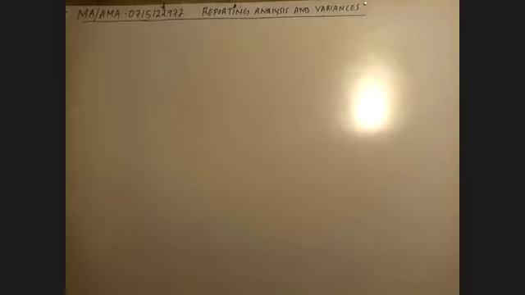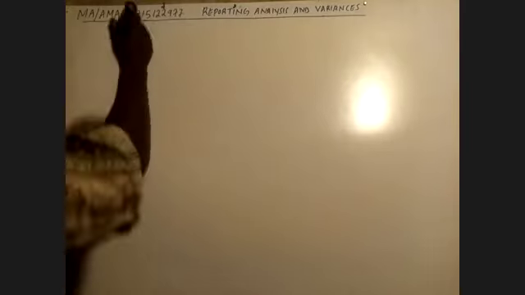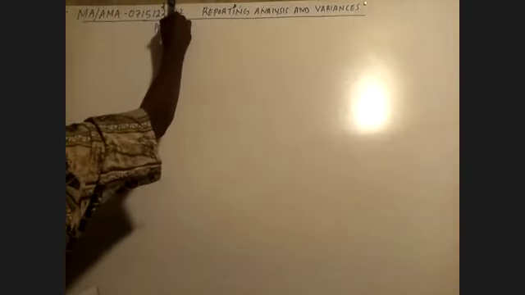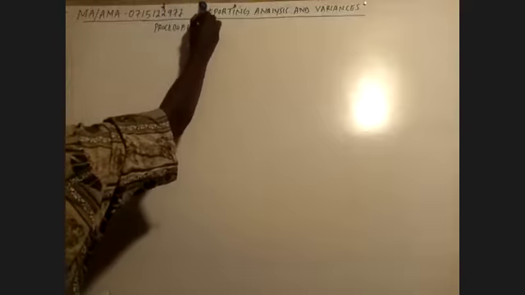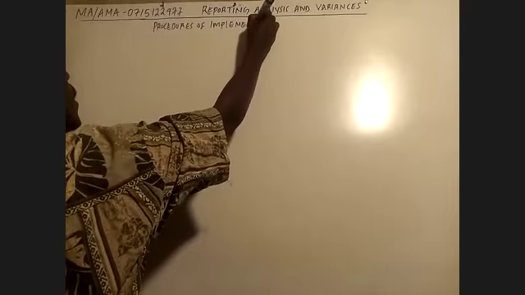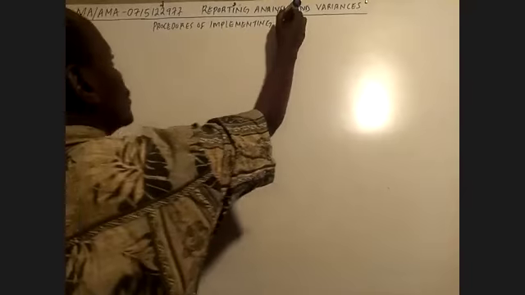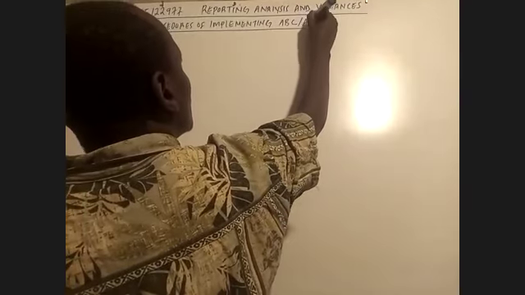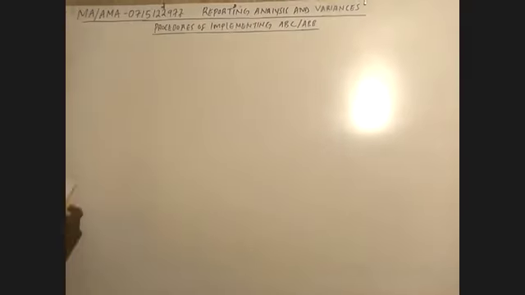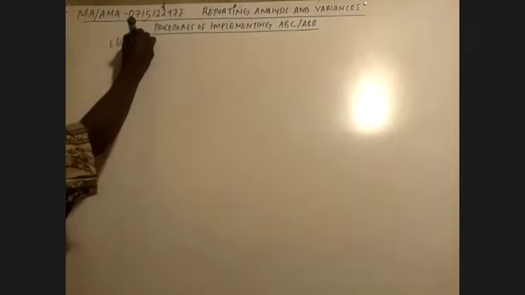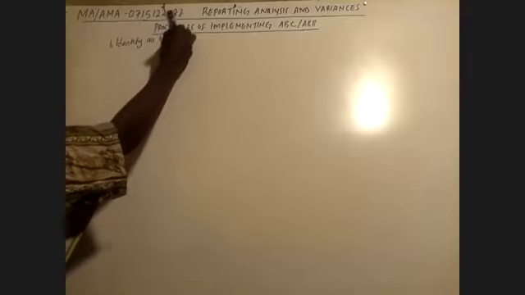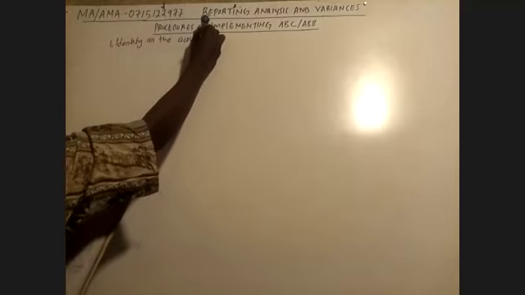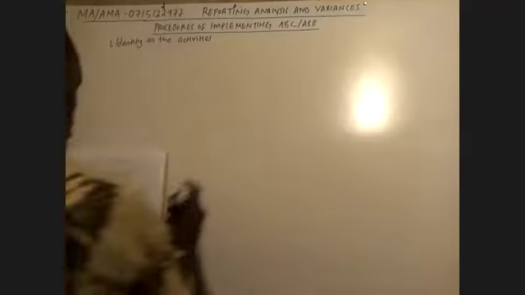Now, procedures of implementing ABC. Number one, identify all the activities taking place in the organization.